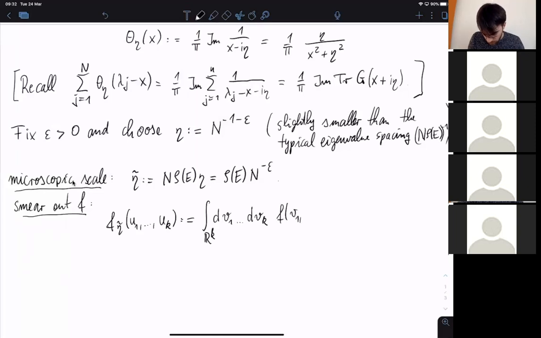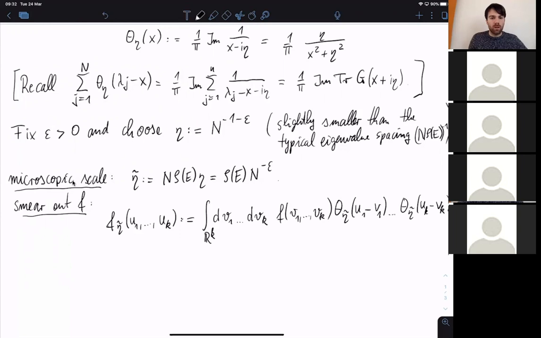So we take the original function, evaluate it at v1 up to vk, and then we take the convolution with theta eta tilde, so theta eta tilde of u1 minus v1 up to theta eta tilde of uk minus vk. Okay, this I will call equation (dot), because we'll come back to this.